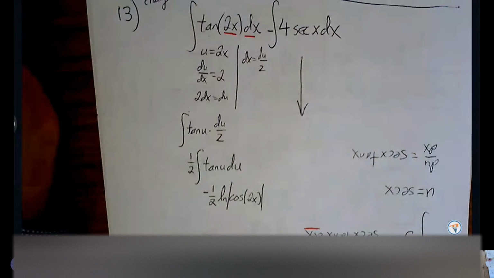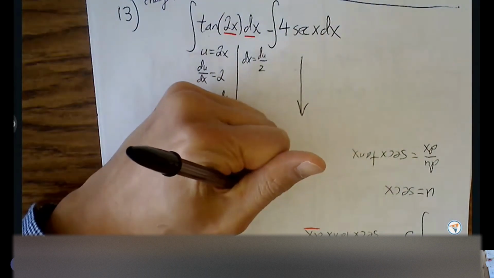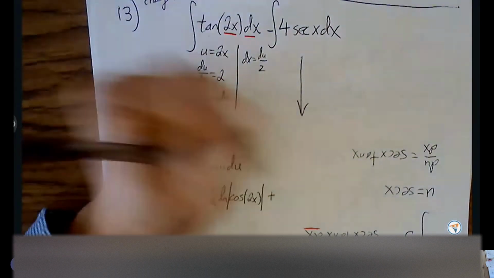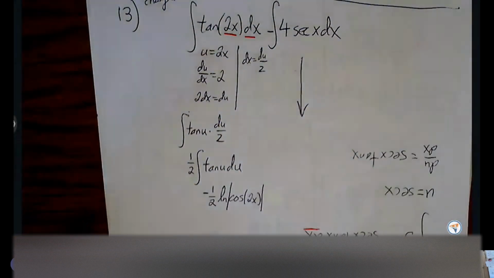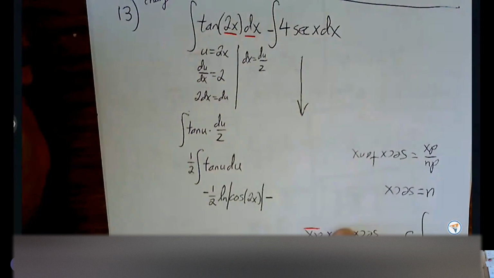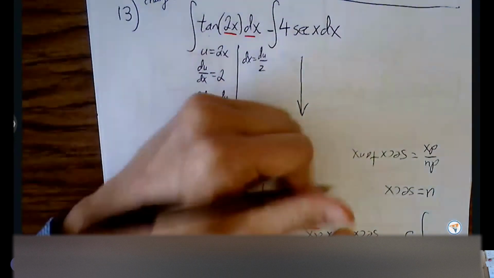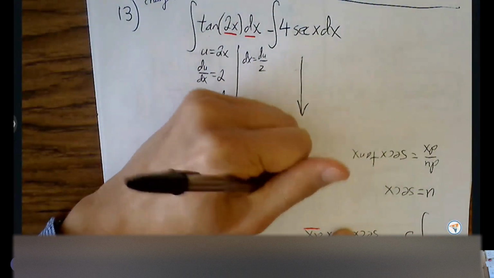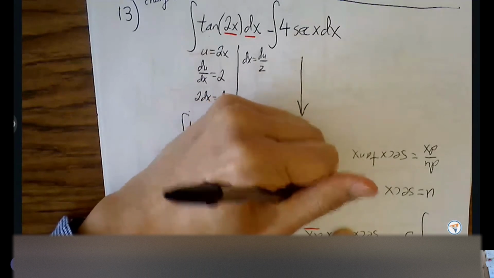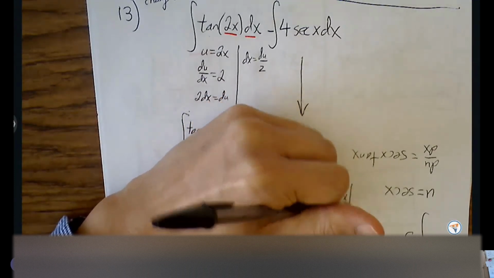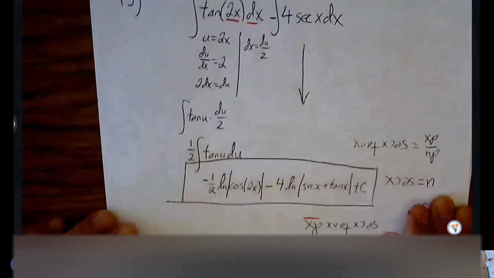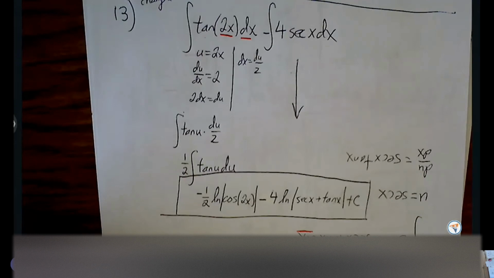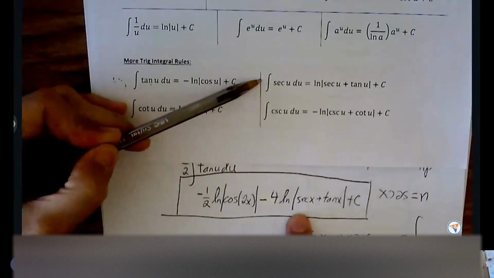And then for secant, if you look at the rule, just follow the rule. The -4 will have to be in front. But then the rule is just natural log secant, secant x plus tangent x. So just following it to the letter here.